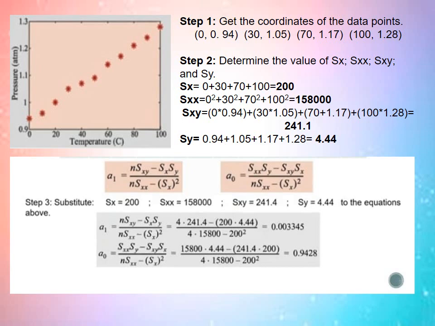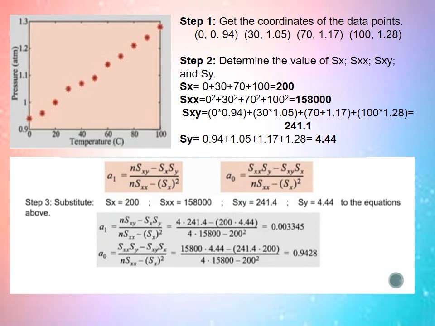While for Sxx, it is simply the summation of the squares of all x values, so we have 158,000. For Sxy, this is the summation of the products of x and y, each x multiplied by its partner y, and we come up with an answer of 241.1.